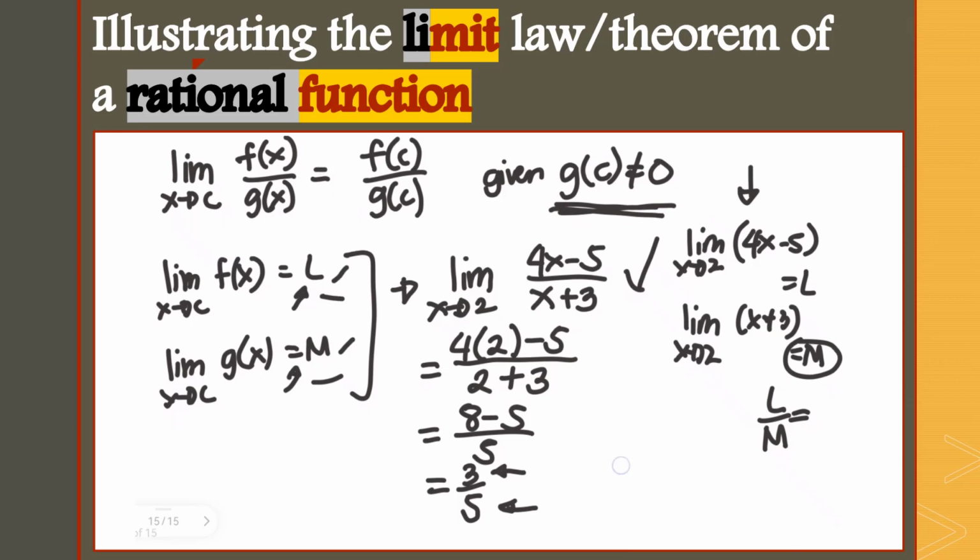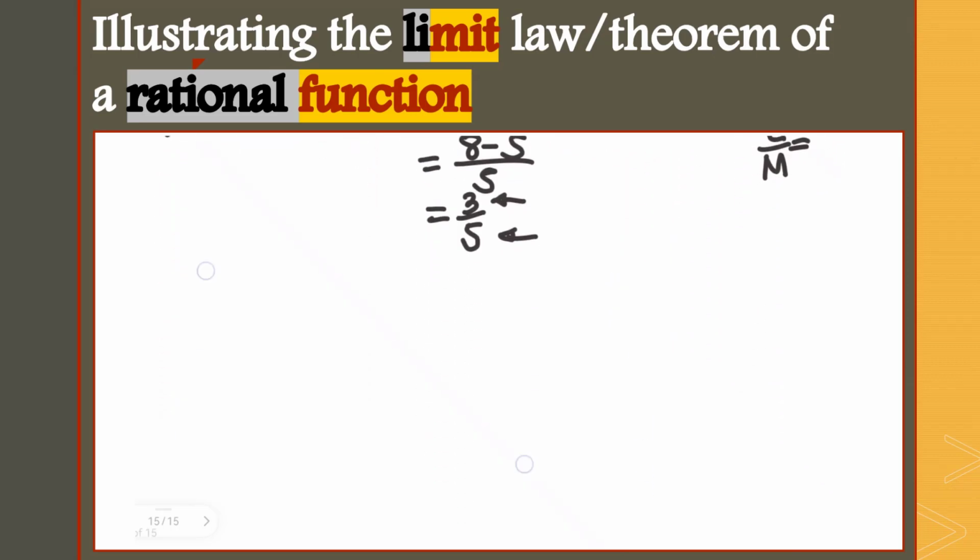Let's have another example here. Let's say the limit of x squared plus 2x plus 1 over 2x minus 4 as x approaches negative 1. Our numerator is a polynomial function.